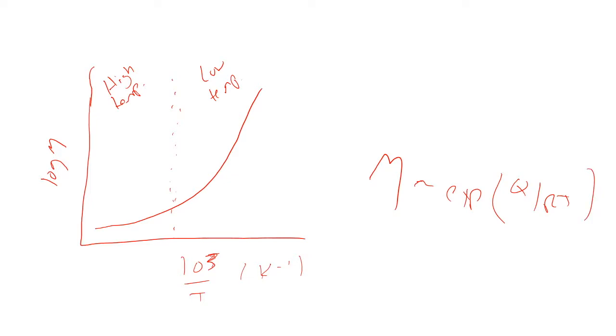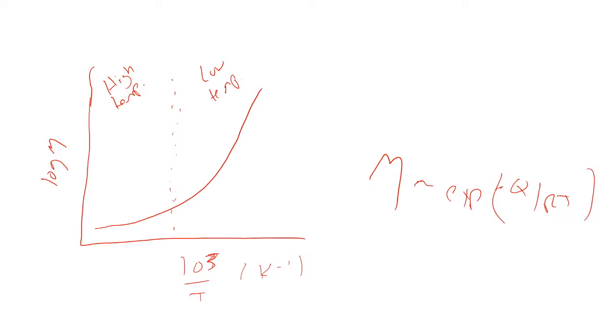So the slope of this curve represents minus Q over k. Let's move on to the back of the class. Yeah. So the slope is proportional to activation energy. So then you calculate the slope of the high temperature and low temperature and find the ratio, and that's the ratio of activation energies.